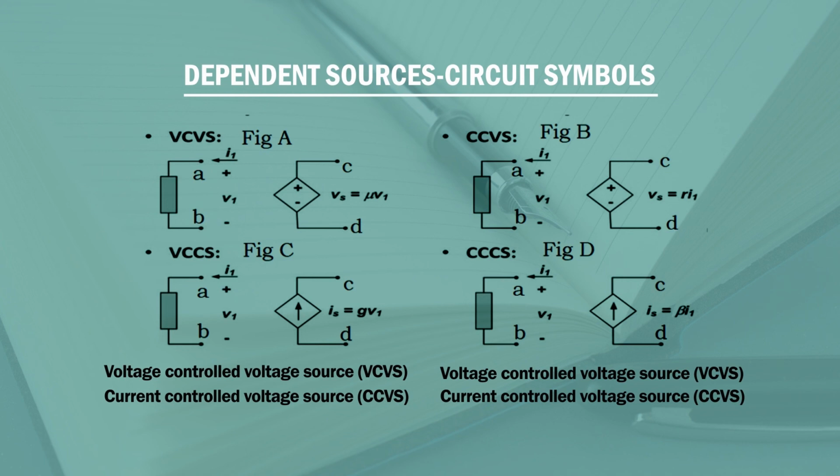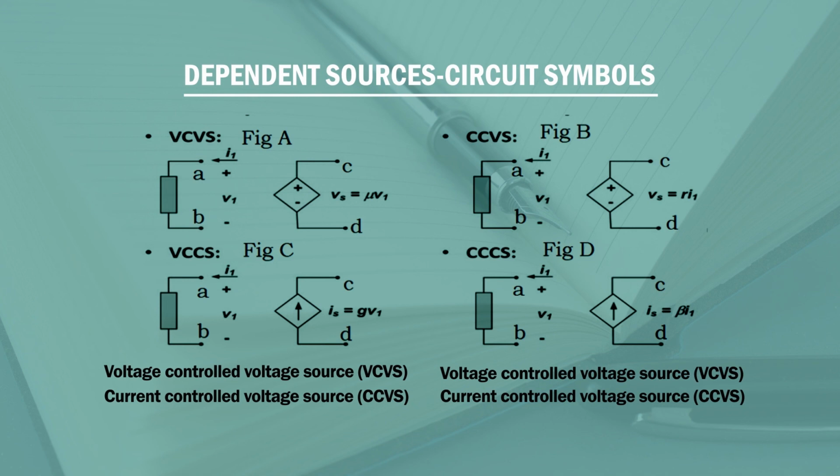In figure C you can see it is called a voltage controlled current source. The value of the current flowing through terminal CD is written as Z V1. That means the current flowing between terminal CD in figure C depends on the voltage across terminal AB in another branch. Similarly, in figure D there is a current controlled current source.